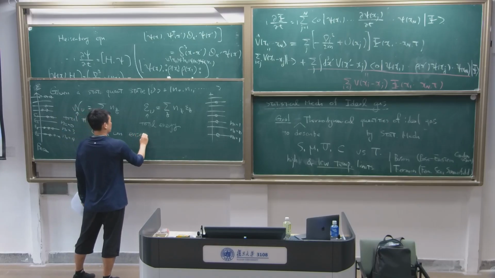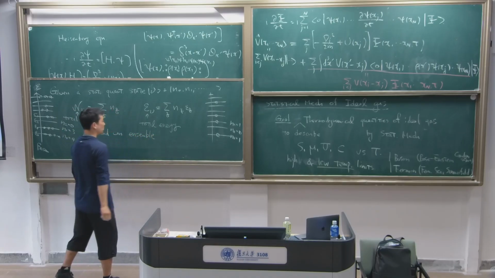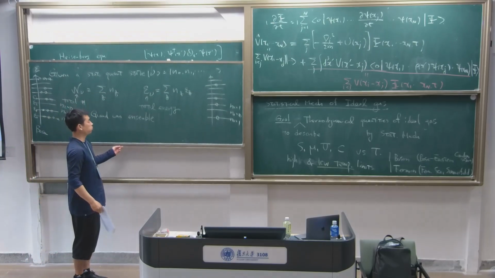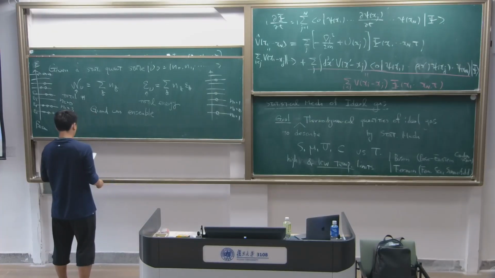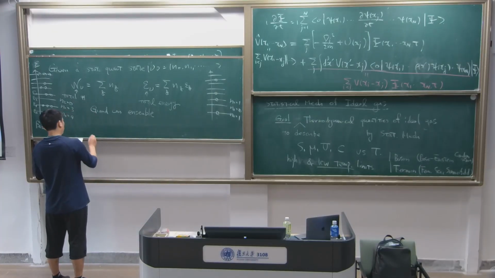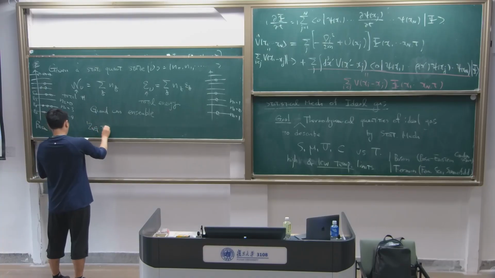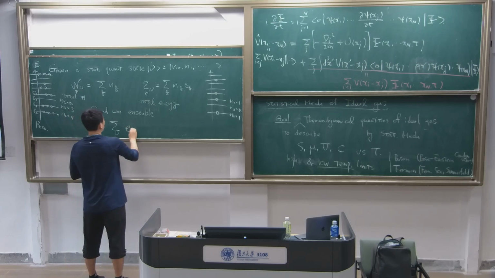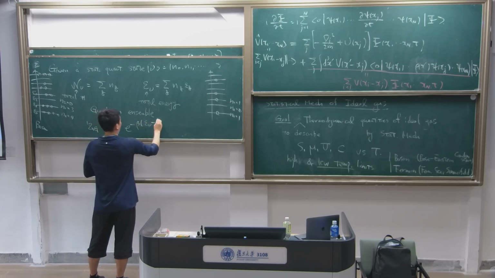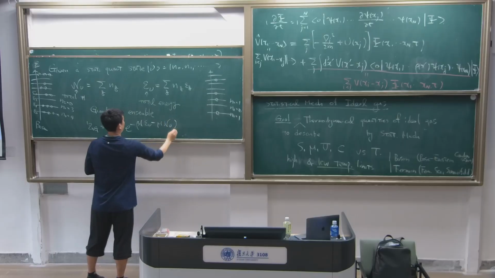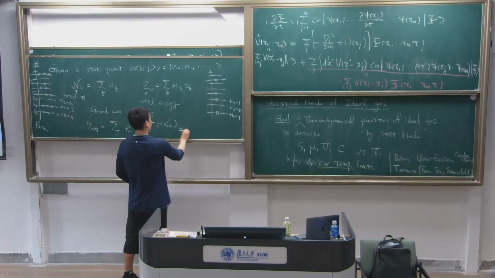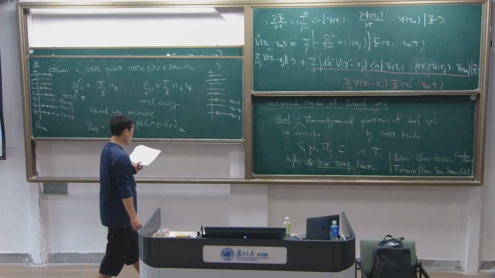So, the grand canonical ensemble, and consider the partition function of G, which is the sum over total N, e to the minus beta (E minus mu N) times the canonical partition function. And this can be represented as follows.